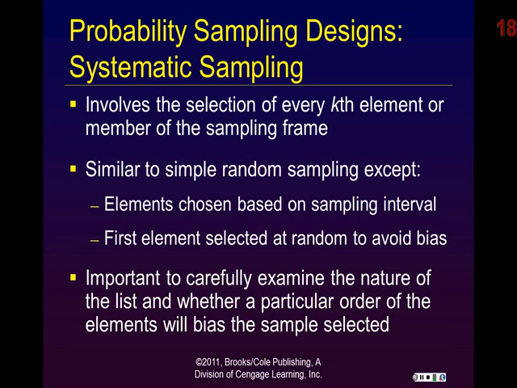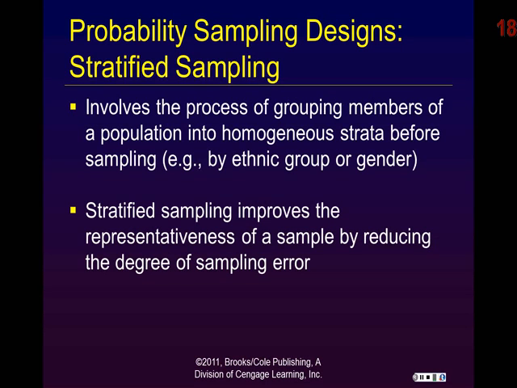So, for example, if you were to systematically randomly sample people in the School of Social Work, staff, faculty, and students, and your sampling frame was organized in that order, it is very likely that you're going to get few or no staff, very few faculty or just one, and the rest students. So it's important to carefully examine the nature of the list and whether the particular order of the elements will bias the sample that you've selected.